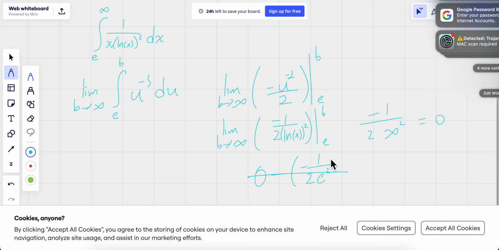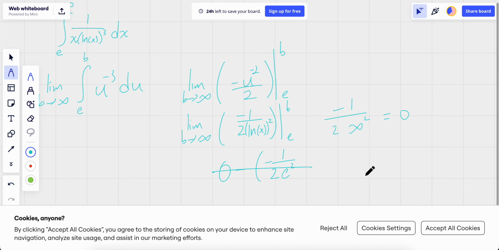So it's going to be 0 minus negative 1 over 2 ln of e squared. ln of e is just 1 because the base is e, and then that squared is also 1. So this is going to be 0 plus 1 over 2. So the answer is just 1 over 2.